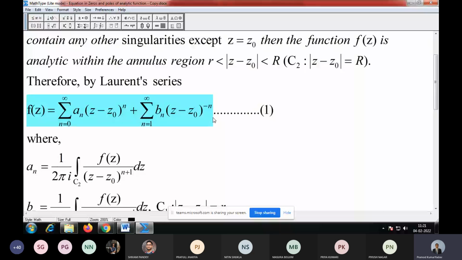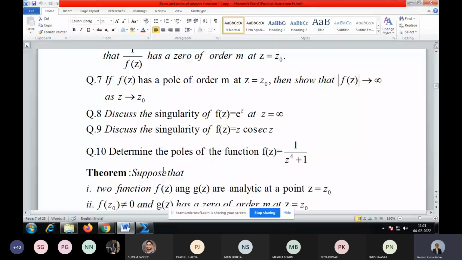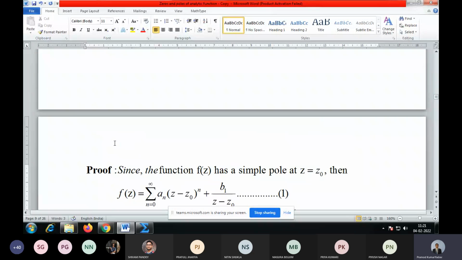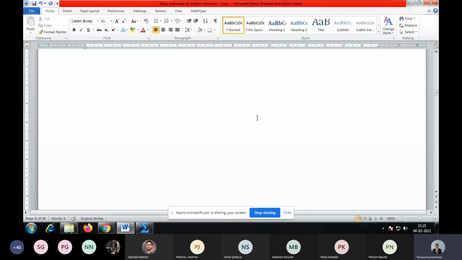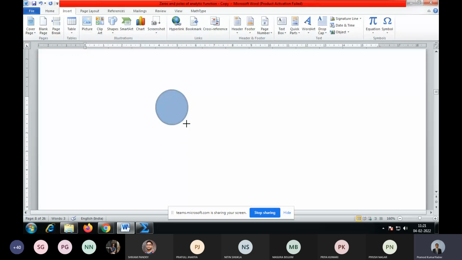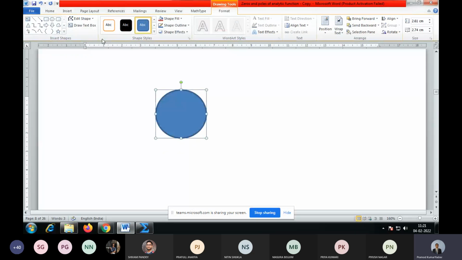I am always talking about two theorems: Taylor series and Laurent series. Taylor's and Laurent's. I am drawing the picture here, although I have already discussed this one.